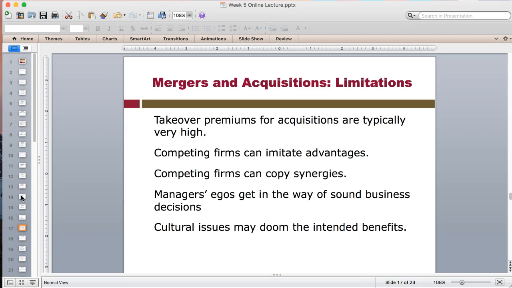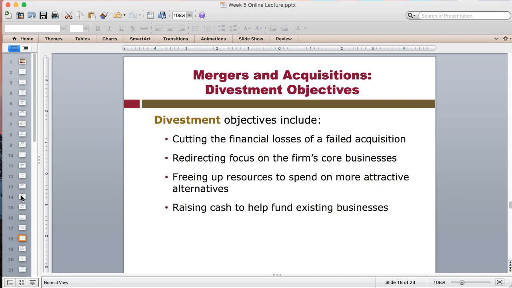A lot of American and Japanese joint ventures have failed for that reason. Daimler-Benz bought Chrysler in the United States, and the acquisition really failed because the Germans and the Americans simply couldn't manage together. So there's a lot of cultural issues there as well.